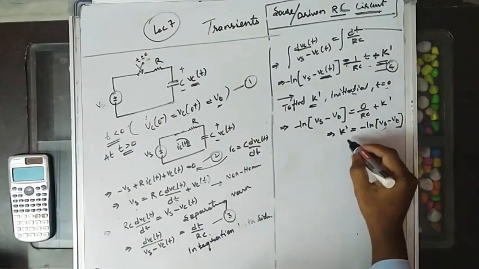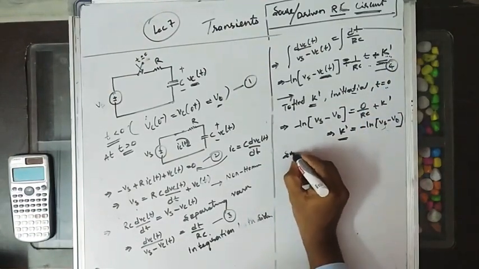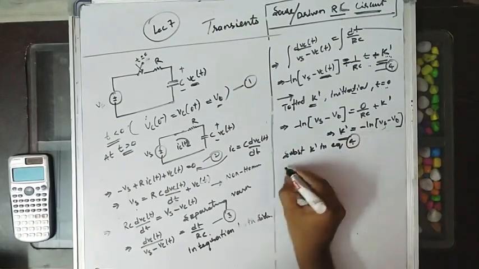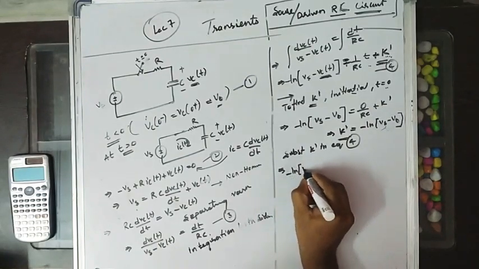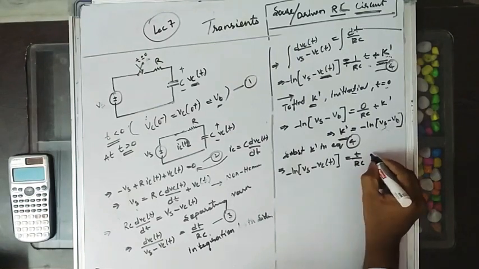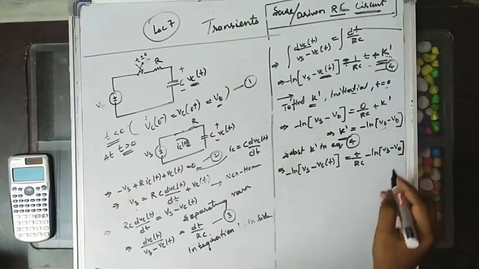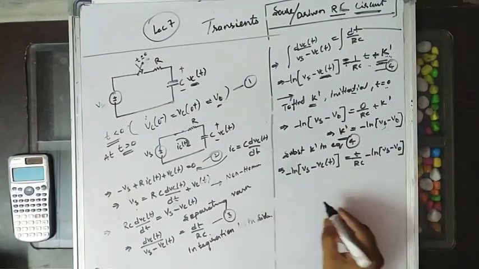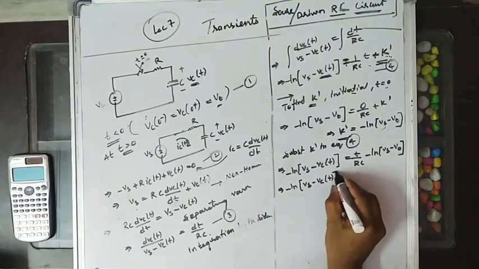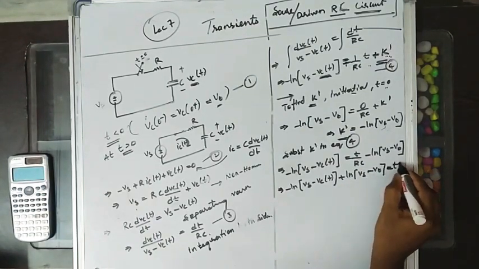Again, substitute this obtained k dash in equation 4. You will get minus Ln of Vs minus Vc of t equal to t by RC minus Ln of Vs minus V0. Now transfer this Ln to this side: minus Ln of Vs minus Vc of t plus Ln of Vs minus V0 equal to t by RC.